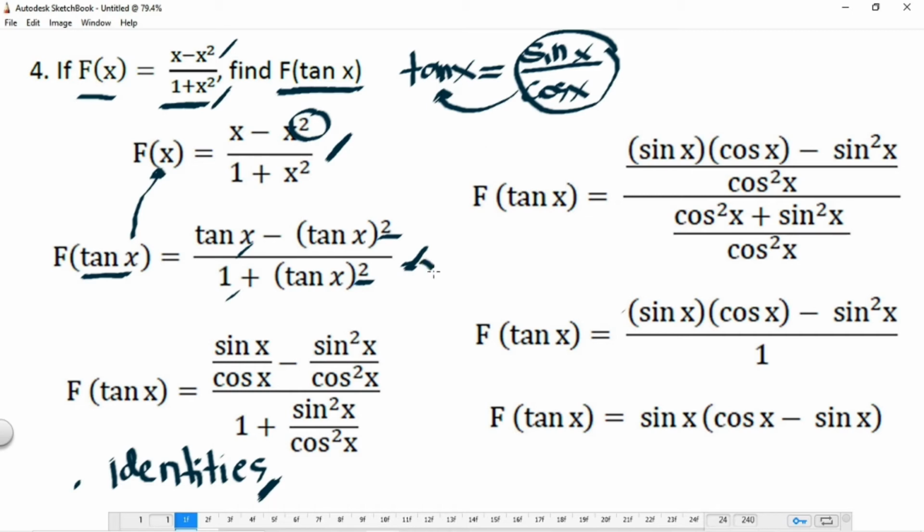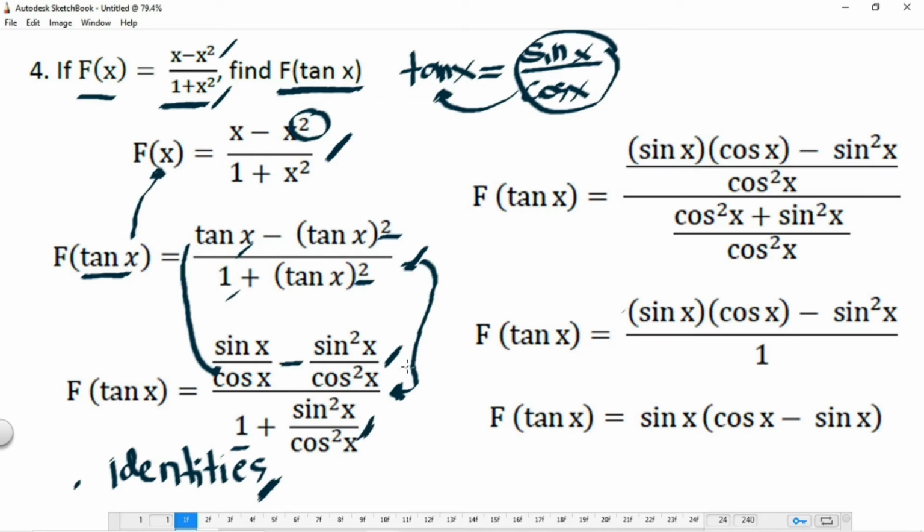Therefore, this will lead to another step. Sine of x over cosine of x minus sine squared x over cosine squared x. Take note that this is raised to 2. And then for your main denominator, 1 plus sine squared x over cosine squared x.